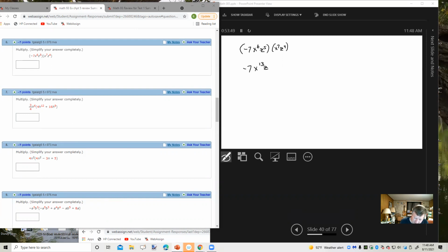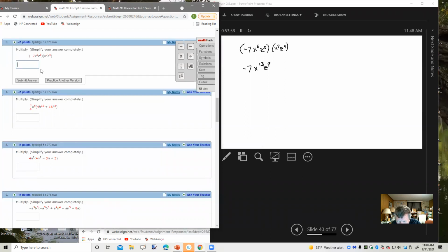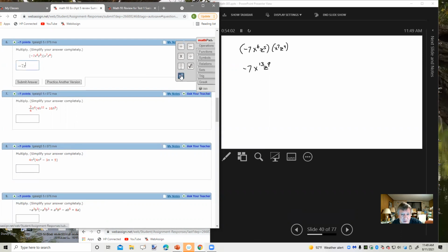Z to the 5 plus 4 is 9. Multiplying two powers with the same base, you add the exponents. So negative 7x to the 13th power, z to the 9th power. Looks like it should be okay.